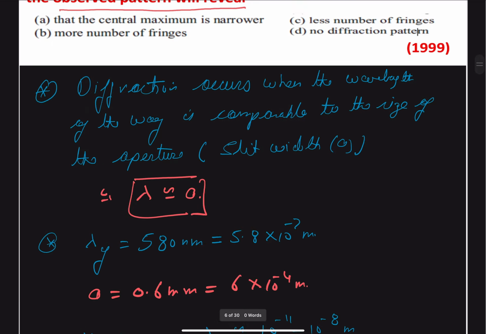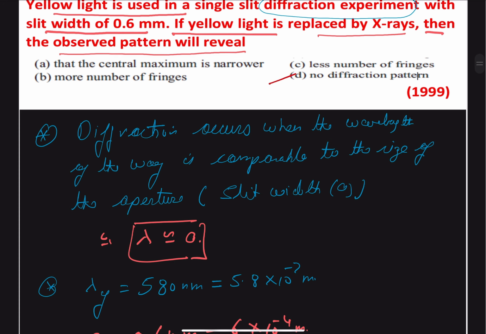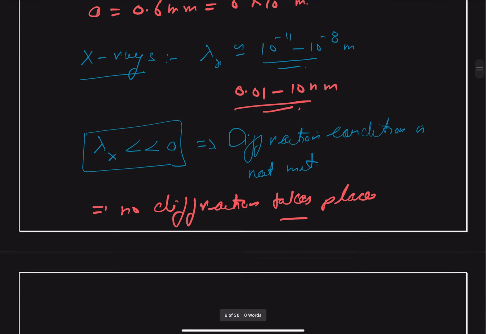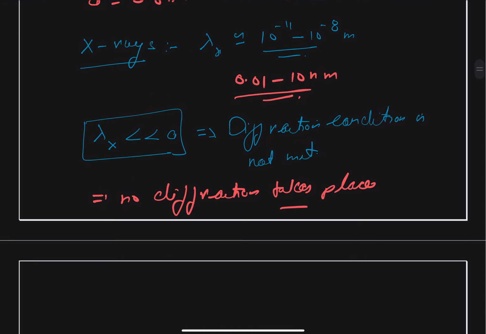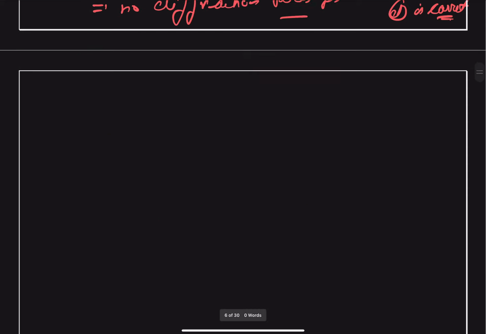So option number D is the correct one. Say option D is correct. Next question.